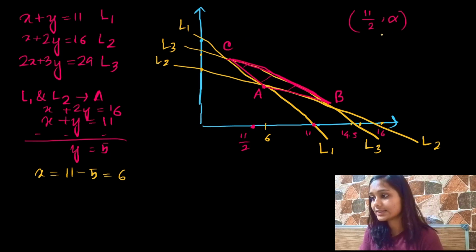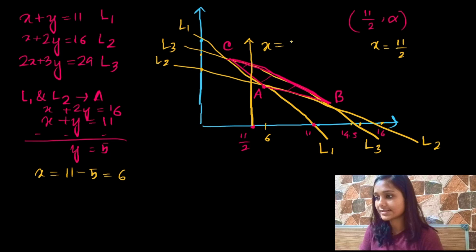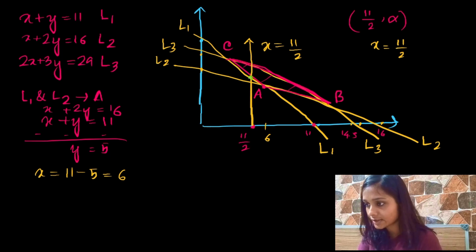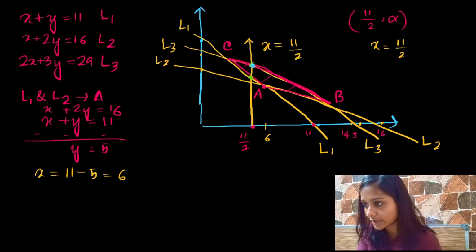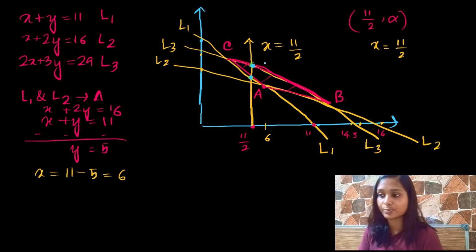So this point has x coordinate fixed but y coordinate varying, so it will be a straight line, which is x equals 11 by 2. We need to find this point here and this point here.